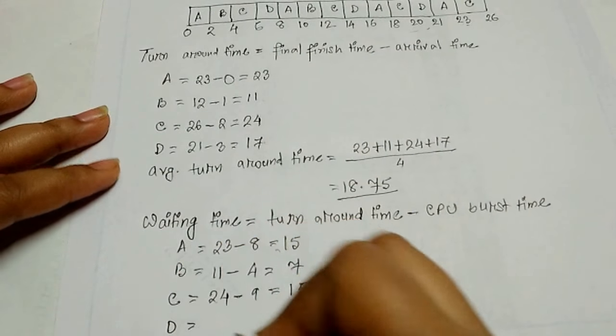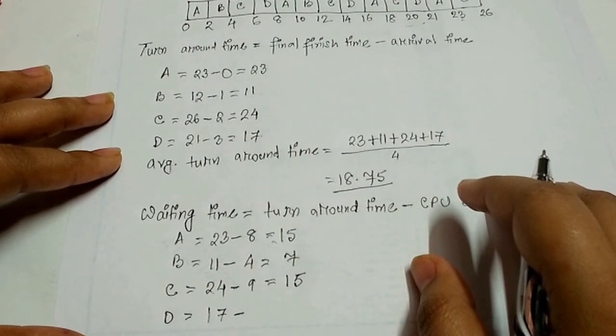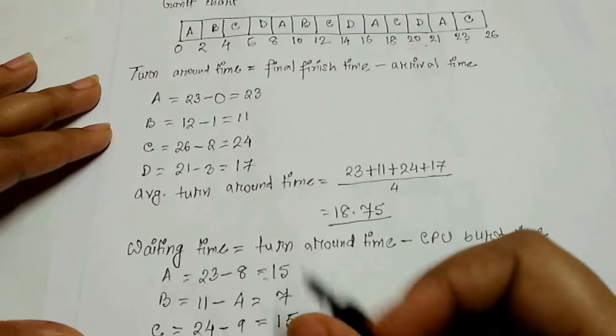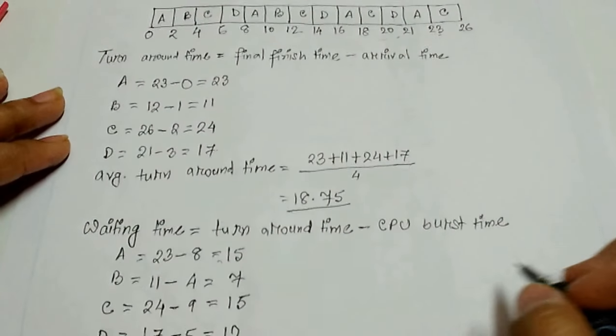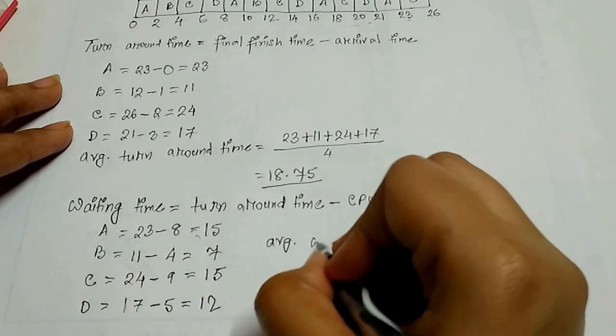Now comes process D. The turnaround time is 17, 17 minus the CPU burst time 5, that is 12. Here we are asked to calculate the average waiting time.